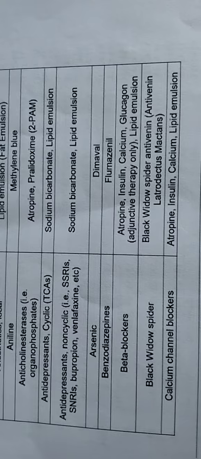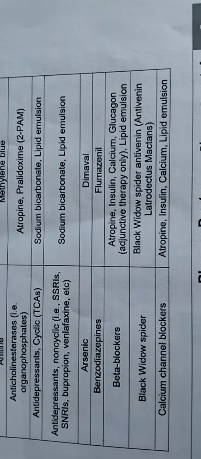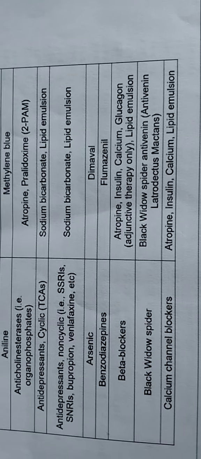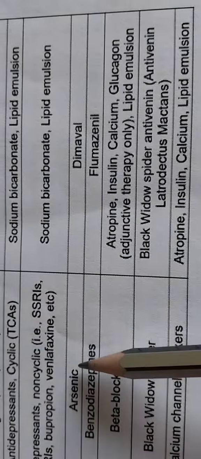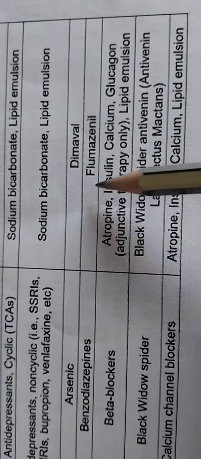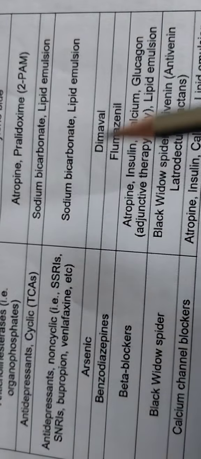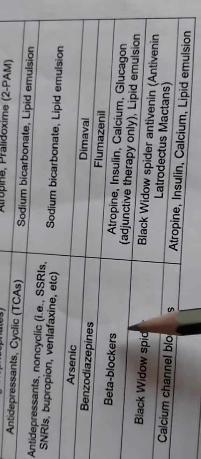So for both cyclic and non-cyclic antidepressants, sodium bicarbonate and lipid emulsion are used. Then for arsenic, dimaval. For benzodiazepines, flumazenil. You may note down these poisons and their antidotes.